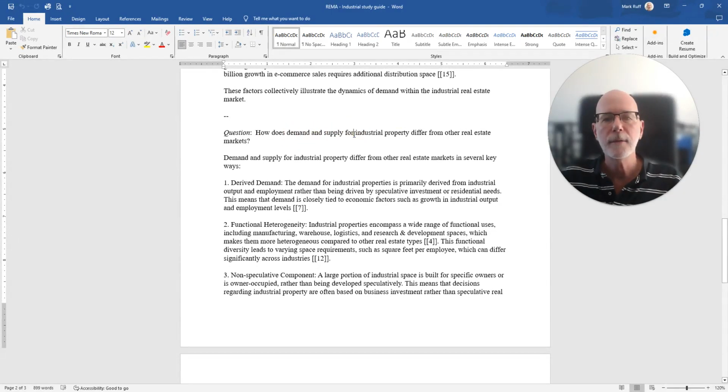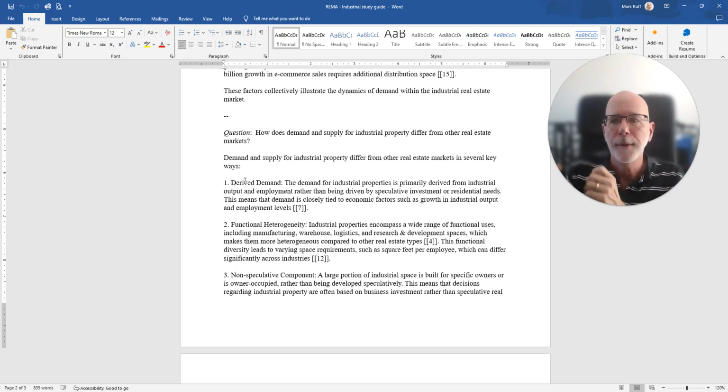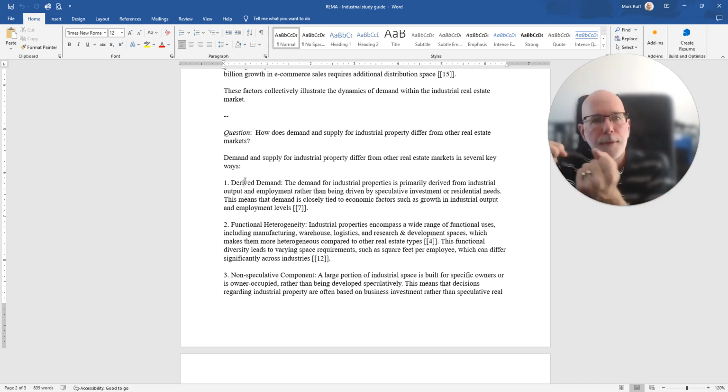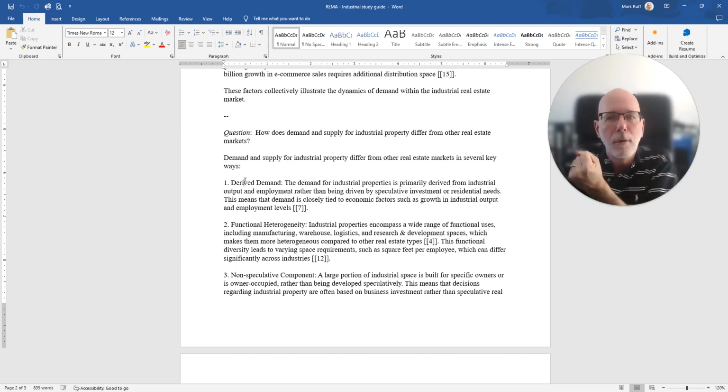How does the demand and supply for industrial property differ from other real estate markets? Well, industrial is a derived demand from the supply pull. The demand for products in the marketplace is then going to pull the supply through the industrial or the warehousing space. And so the more pull, the more space that is needed.